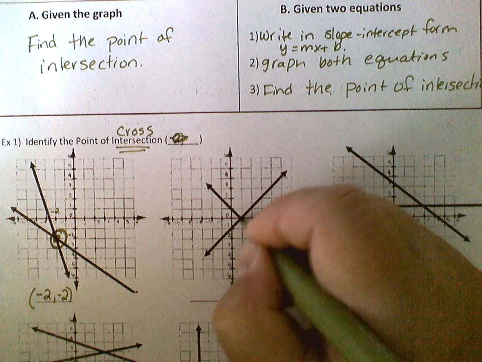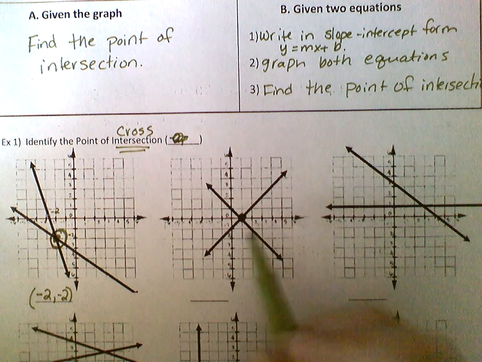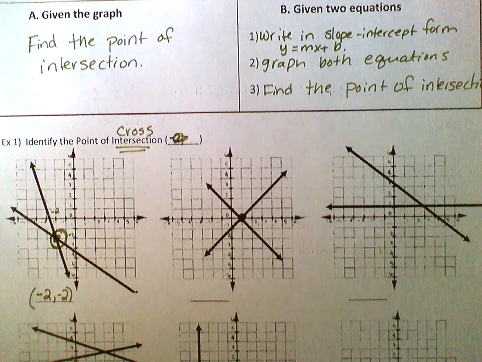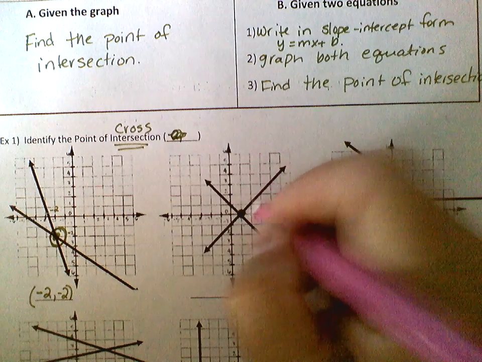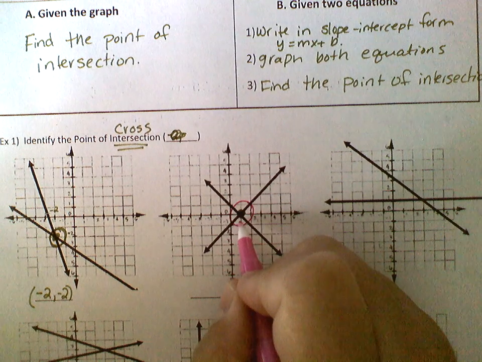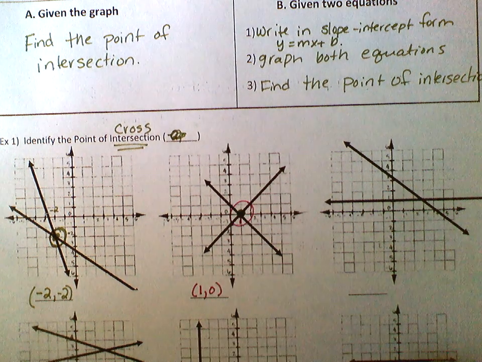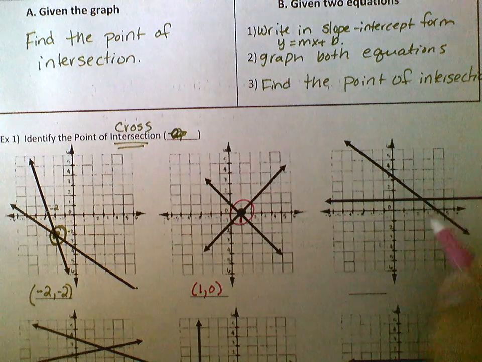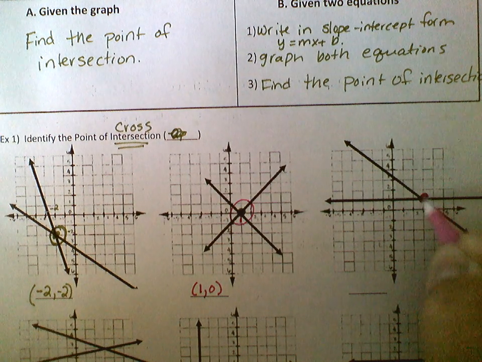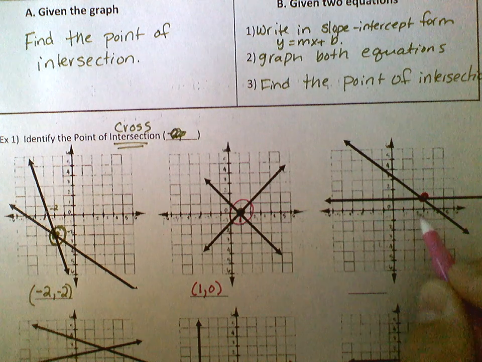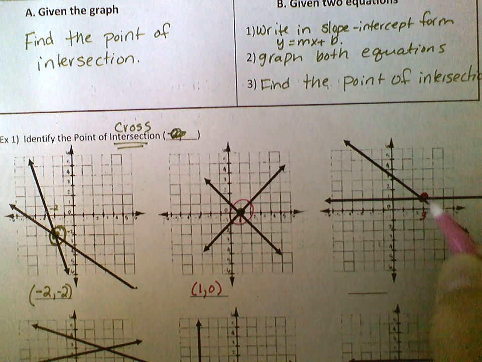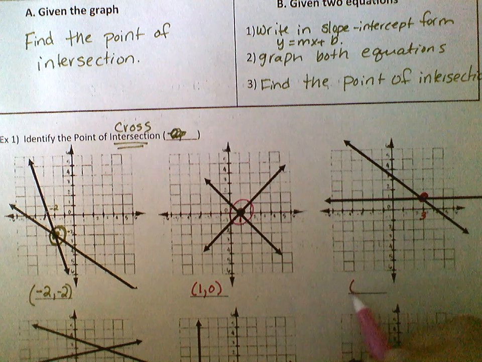If we look at this one, this point of intersection is actually on the x-axis. So it is the point 1, 0. Here, these lines intersect right here. 1, 2, 3, up 1.